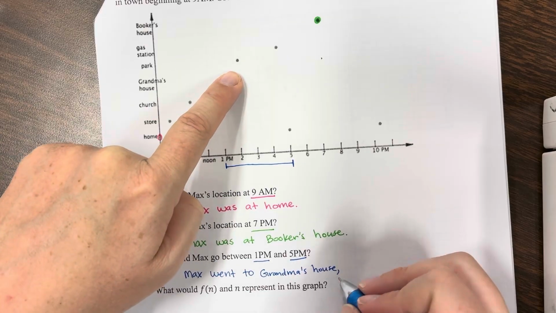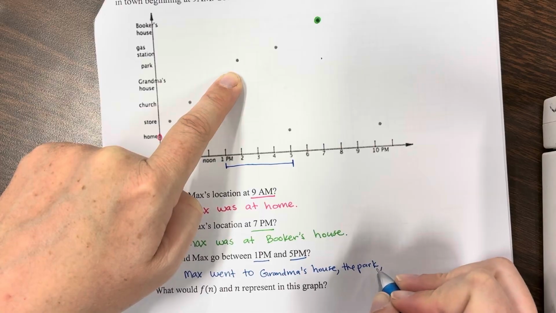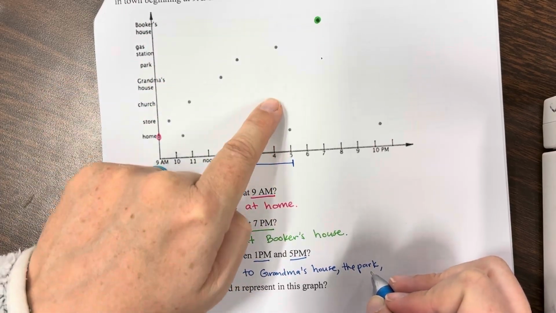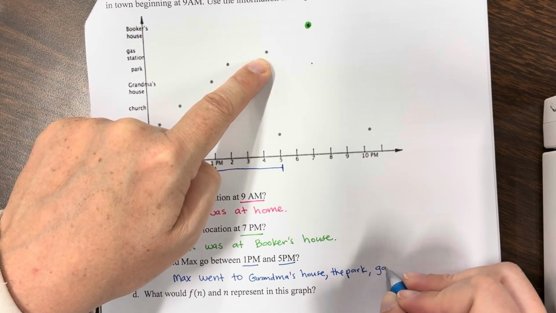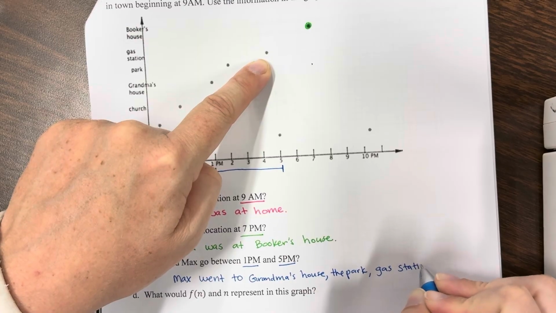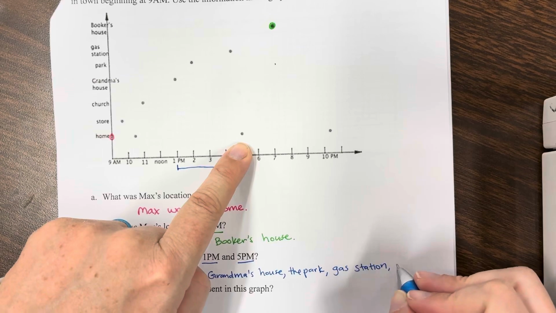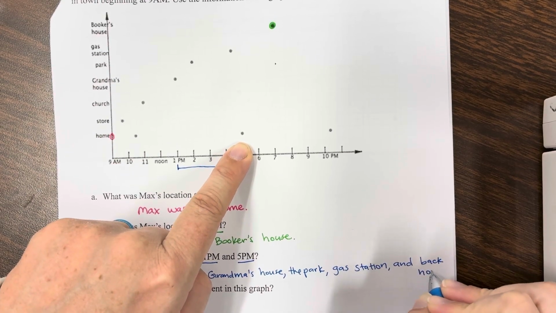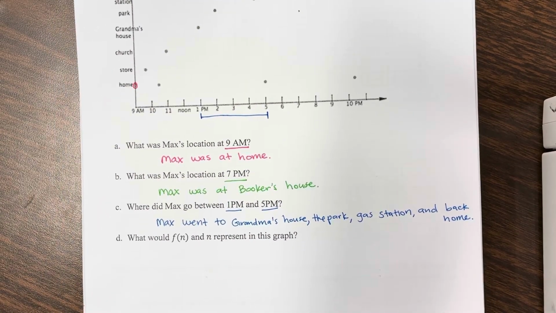Then at 2 p.m., the park. 3 p.m., there's no dot. 4 p.m., it's a little off, but gas station. And then at 5 p.m., ended up back at home. So Max went to Grandma's house, the park, gas station, and back home.